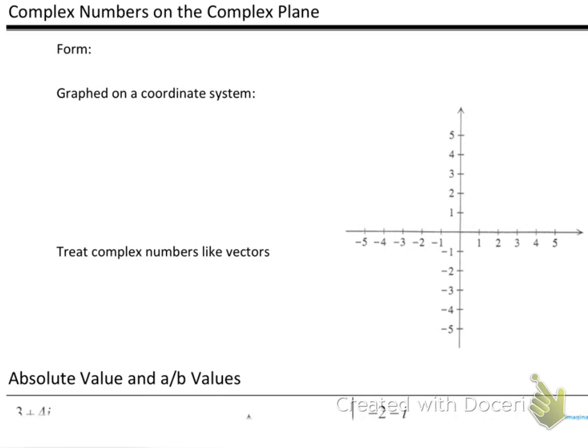And that form is a plus bi. We're also going to note that a is going to be a real number. That could be like 2, 3, because we always have 3 plus like 2i, 4 plus some version of i. So that a is going to be our real, and this b is going to be our imaginary part of it.